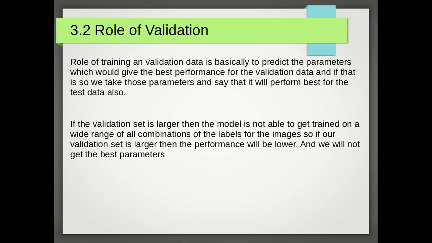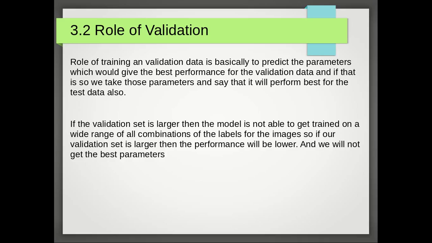Next we were supposed to find out the role of validation in training data. The role of the validation data is to predict the parameters which would give the best performance for the validation data, and if they give the best performance for the validation data, then we assume they would also perform best for the test data.